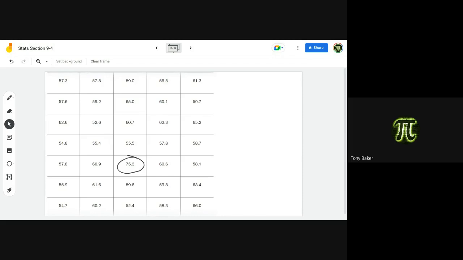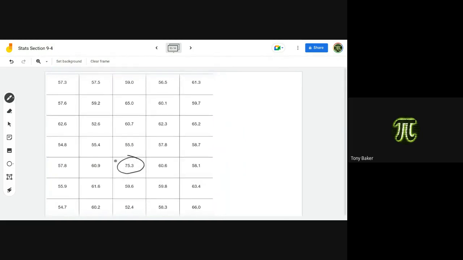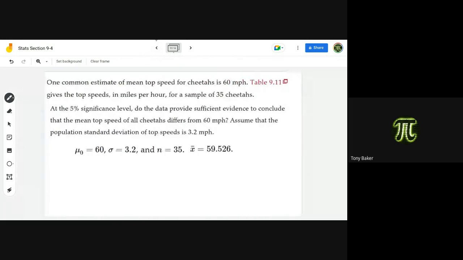But that's the thing. We're going to assume this one was so far out there that something was wrong with it, so we eliminate that one. Now, how many data points do I have? I have 34. So when we're doing our calculation, we're going to use 34 instead of 35.